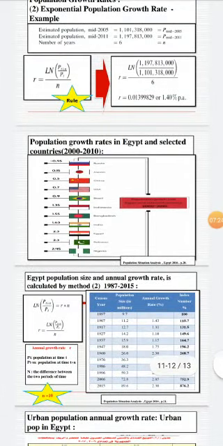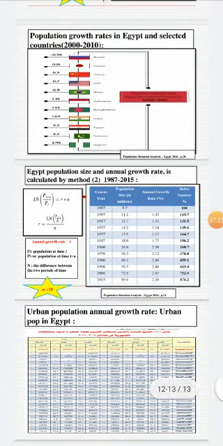And in slide 7, we have a table about Egypt as a whole. The first column is the years, the second column is the population size in millions. The third column is the annual growth rate calculated according to method 2.